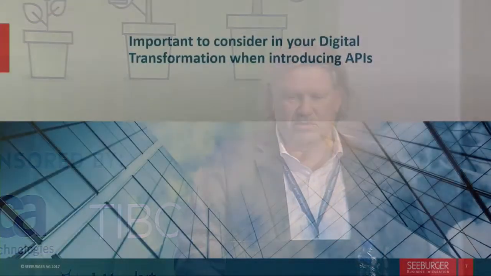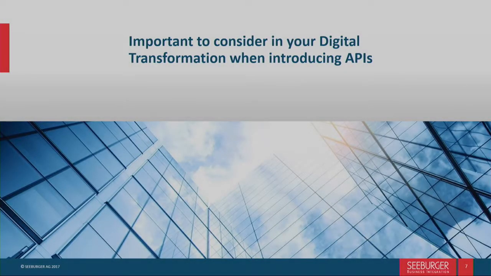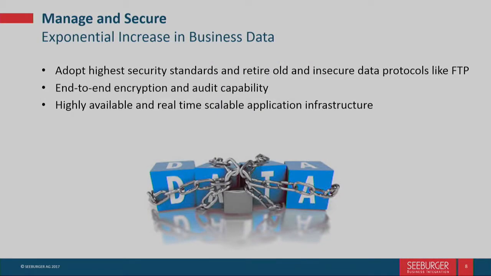A few areas to consider when you look at digital transformation and also introducing APIs within your infrastructure and within your business today. First of all, the amount of data that is being transferred today within various industries and between organizations.